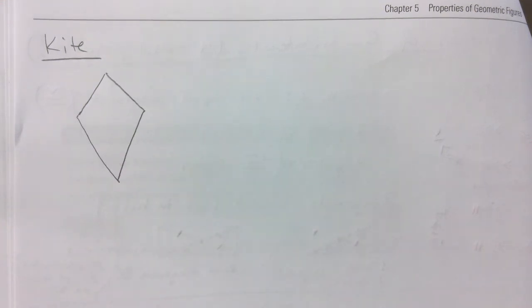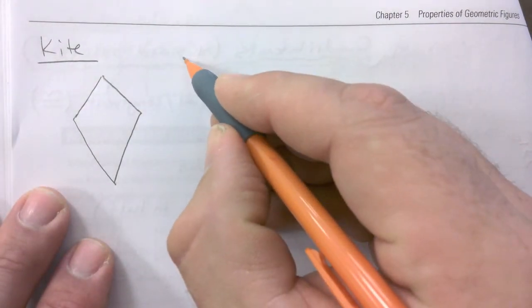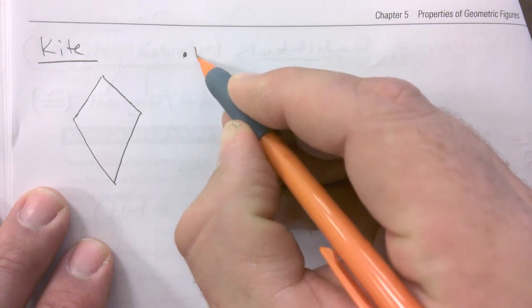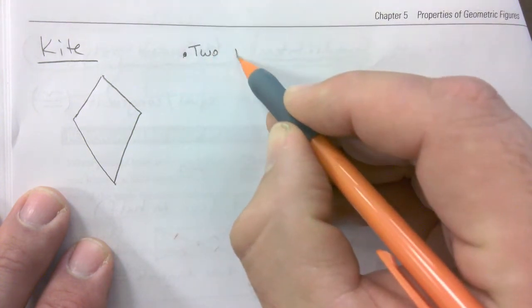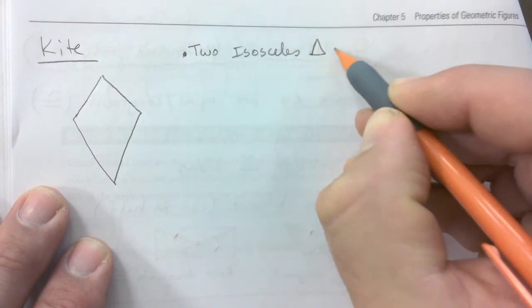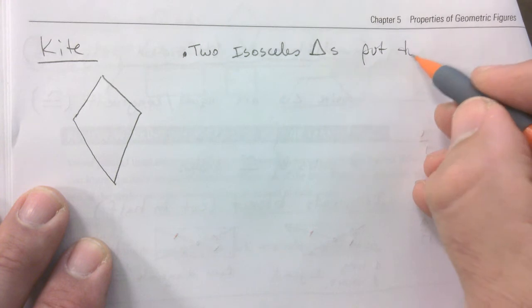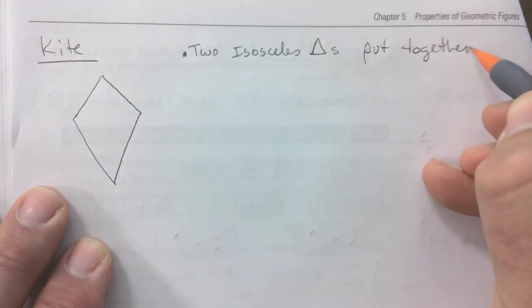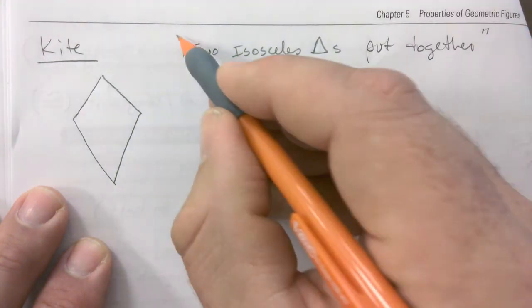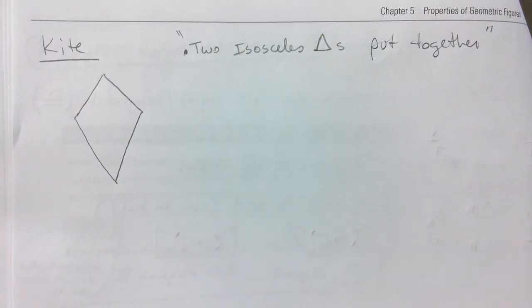Okay. I want you to think of it this way. This is just me. This is not textbook. Two isosceles triangles put together.